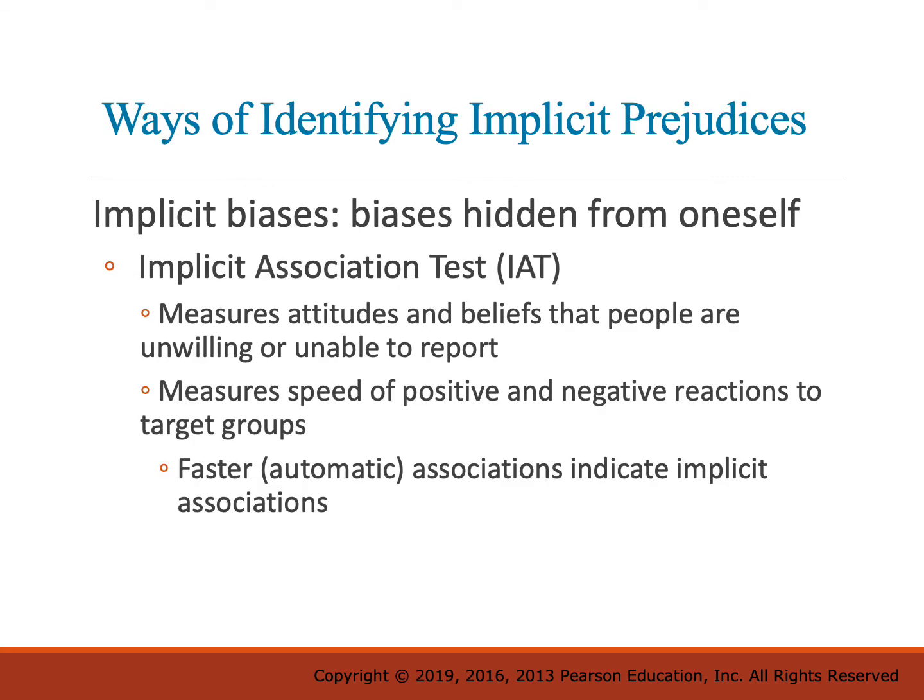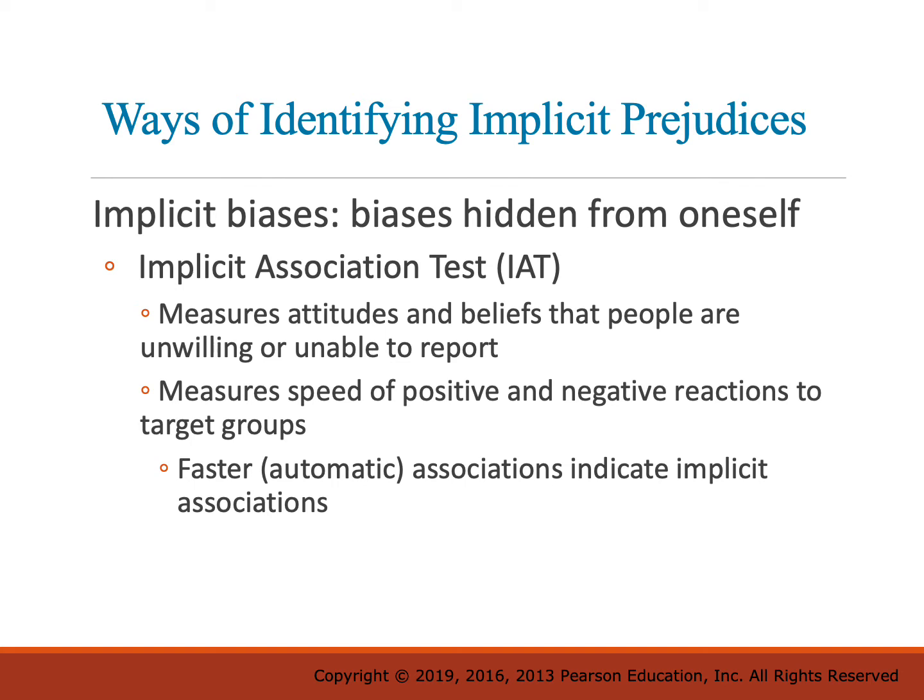So there's something called the implicit association test. It's known more by its acronym, IAT. And this is a really good way to identify implicit prejudice that is there. This measures attitudes and beliefs about a particular group that people may be unwilling or unable to report having.